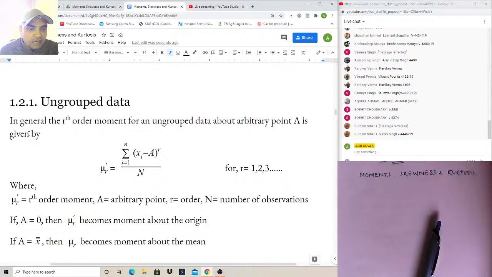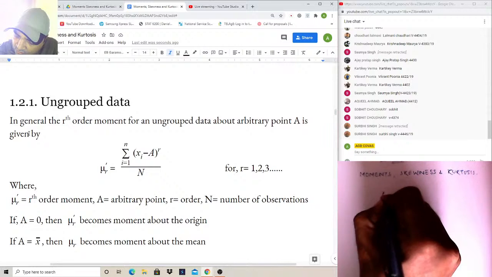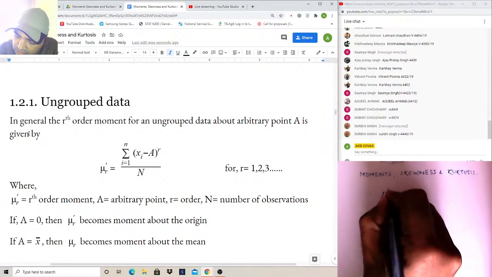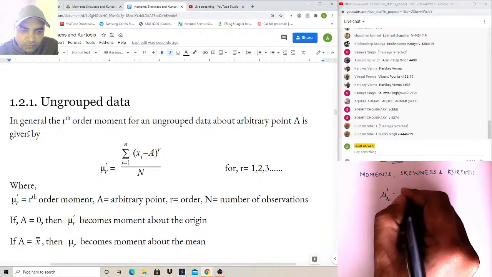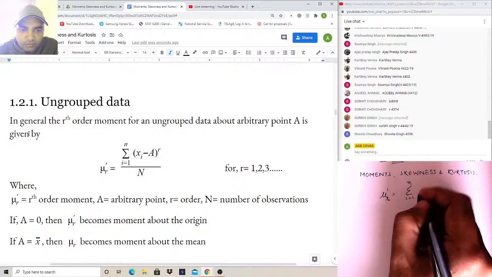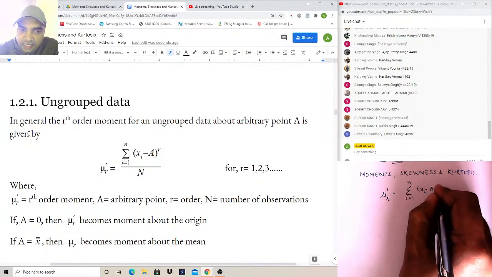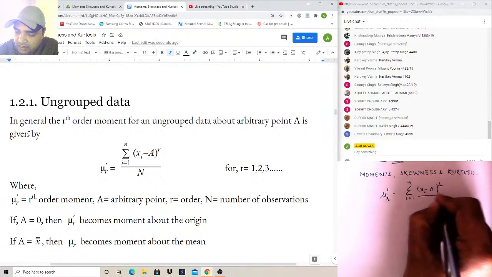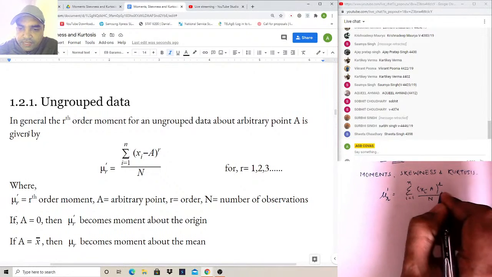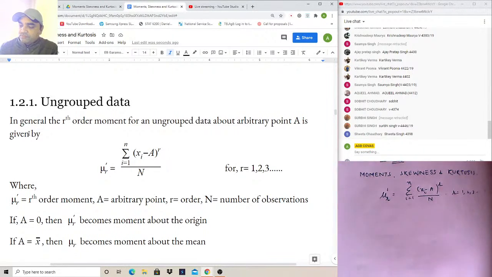In general, the rth order moment for ungrouped data about an arbitrary point A is given by mu r dash equals sigma i equals 1 to n of (x i minus A) to the power r, upon n, where r can be 1, 2, 3 and so on.